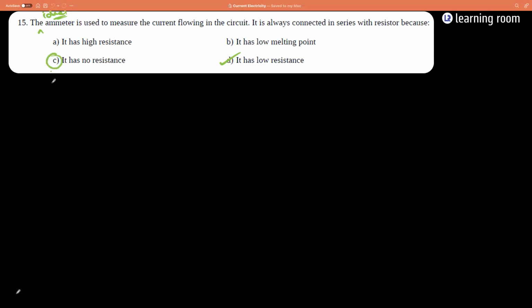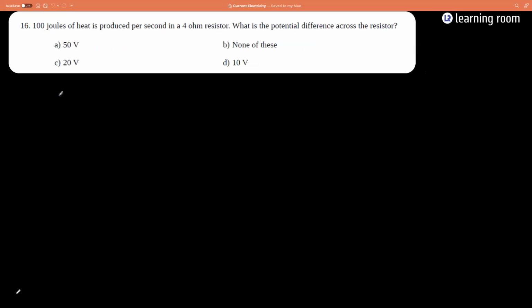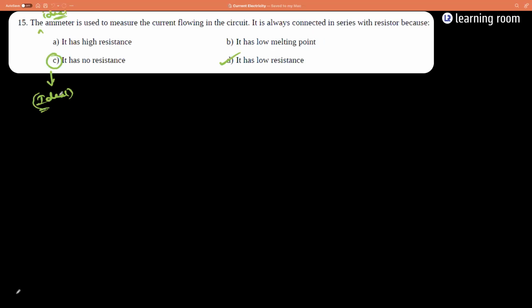Had they mentioned it as ideal, this is the answer. If they only mention it as ammeter, then it is low. Ideal is perfect, 100% perfect, which does not exist actually. But theoretically, if somebody uses the word ideal, it means that it has no resistance.